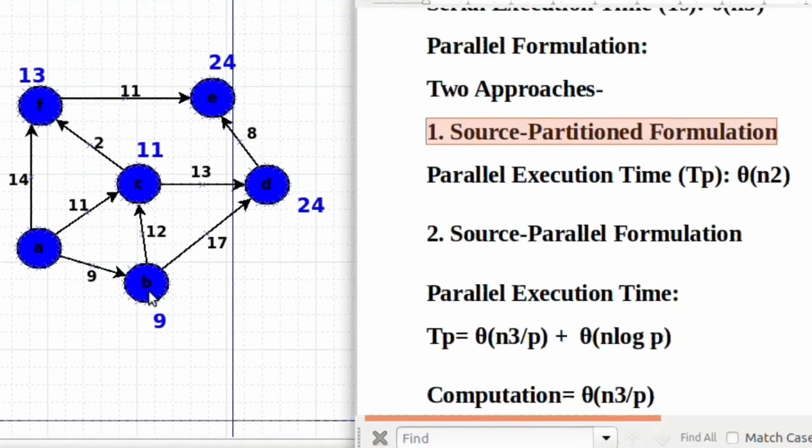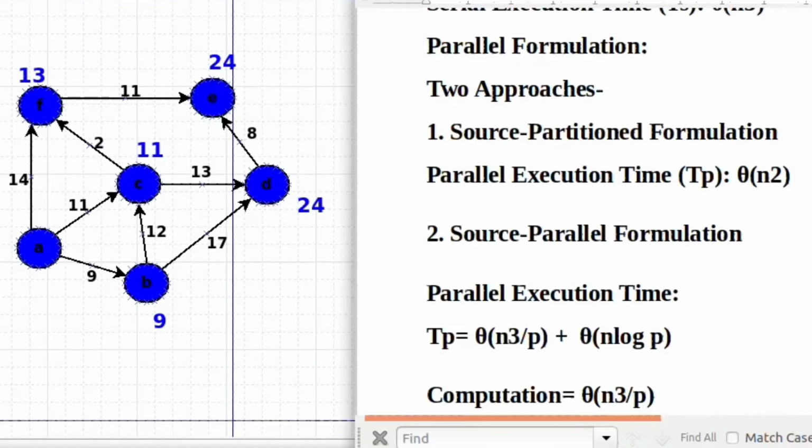Another separate process applies it on this vertex and finds the shortest path to all the other vertices. There will be a third process applied on this vertex, which finds the shortest path to all the other vertices. So for each vertex we are using a separate process.